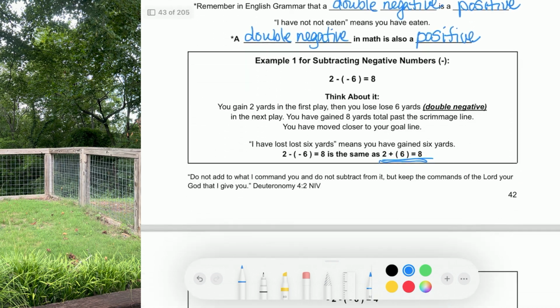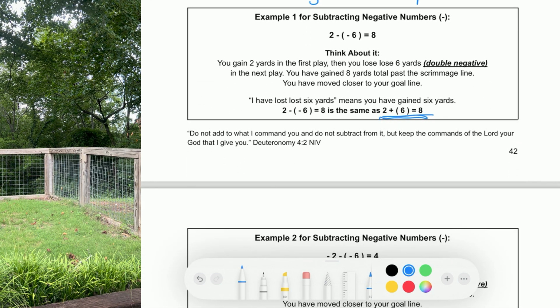Well, what about these double negatives? Let's see if that happens as well. So the K, C, C. Keep, change, change. All right, so 2 minus negative 6. So I'm going to keep the 2, change the minus to a plus, change this negative 6 to a positive 6. Well, look at there, 2 plus 6 is 8. And we do have the same two problems here.